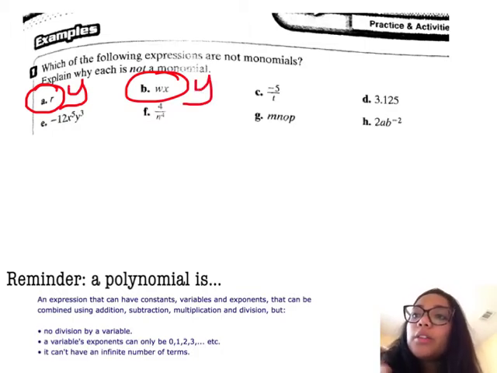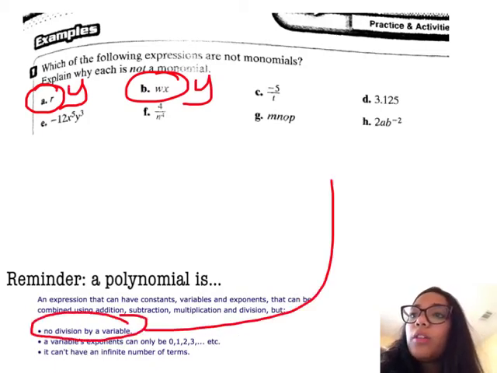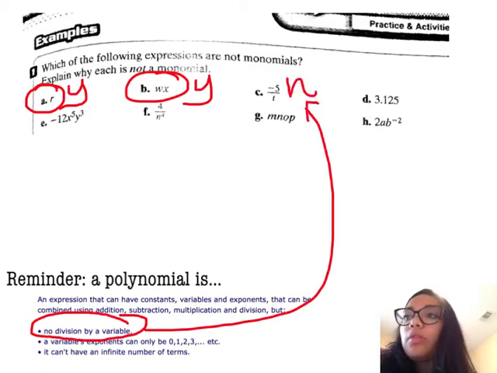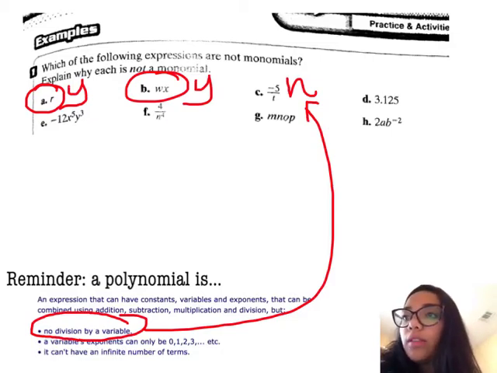Is C a monomial? No. You should have said no. No division by a variable. So C is not a monomial. Is D a monomial? Yes.